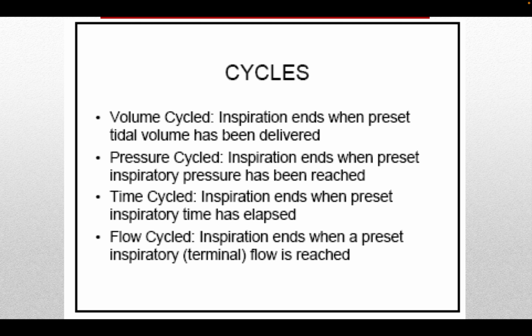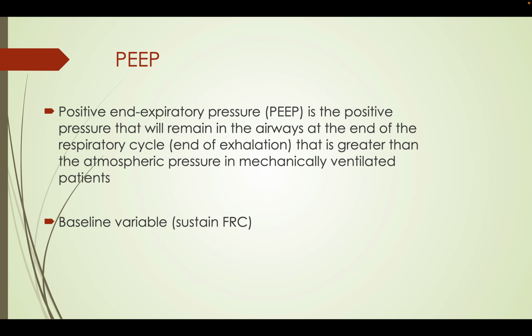Time cycled is the one where inspiration ends when the preset inspiratory time has elapsed, and flow cycled is the one where inspiration ends when a preset inspiratory flow is reached. You are all required to understand and remember these 4 types of cycled modes, especially helpful for exam-going IDCCM and DrNB students.